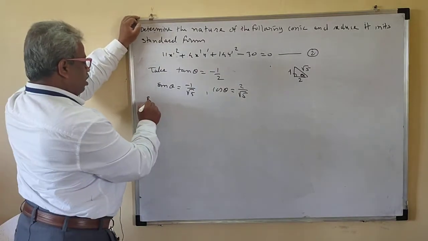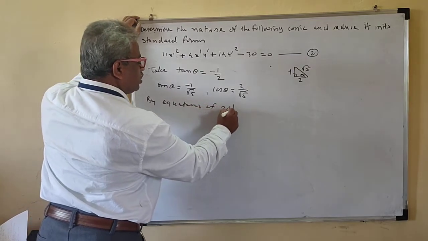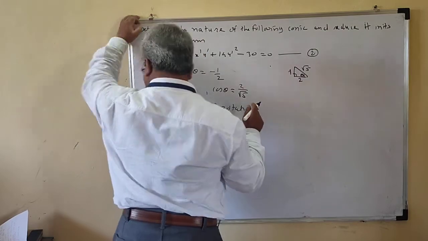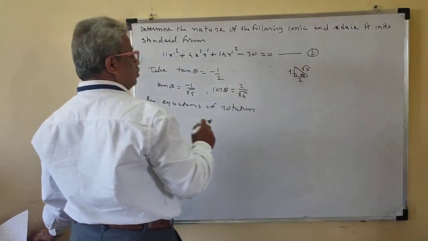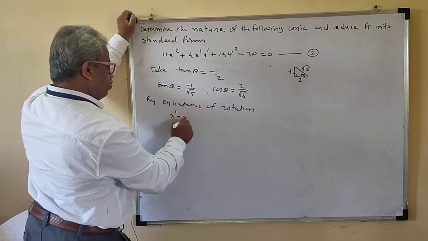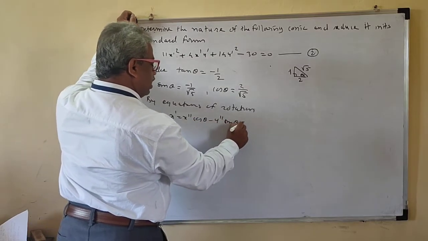By equations of rotation, x prime is equal to x double prime cos theta minus y double prime sin theta.